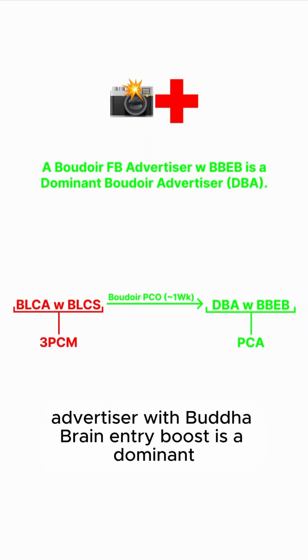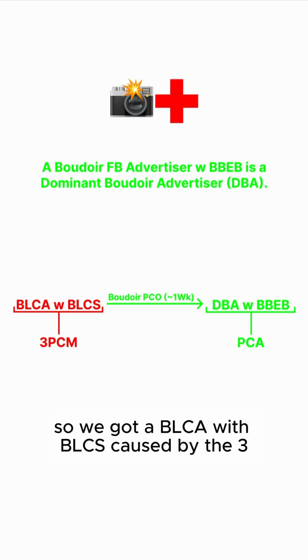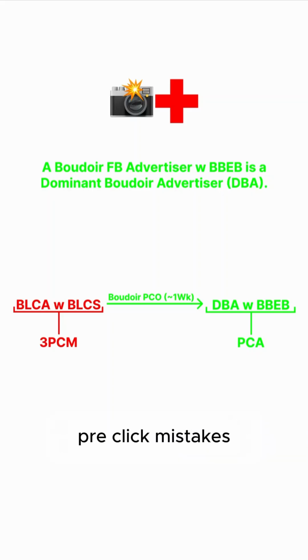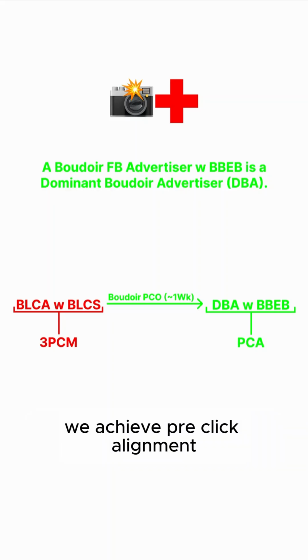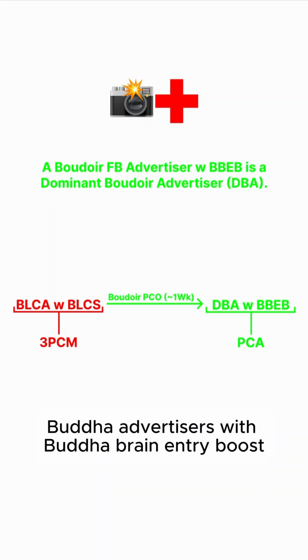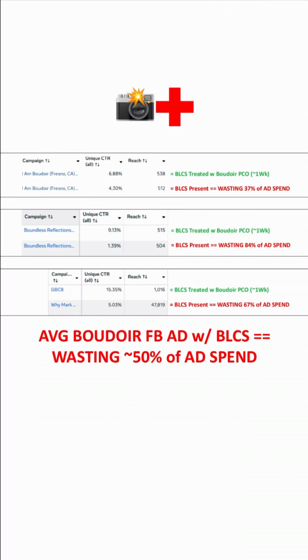And a Boudoir Facebook advertiser with Boudoir brain entry boost is a dominant Boudoir advertiser, ADBA. So we got a BLCA with BLCS caused by the 3 pre-click mistakes. Treat that with Boudoir Pico. It takes about a week. We achieve pre-click alignment. We become dominant Boudoir advertisers with Boudoir brain entry boost. Simple, Jack.